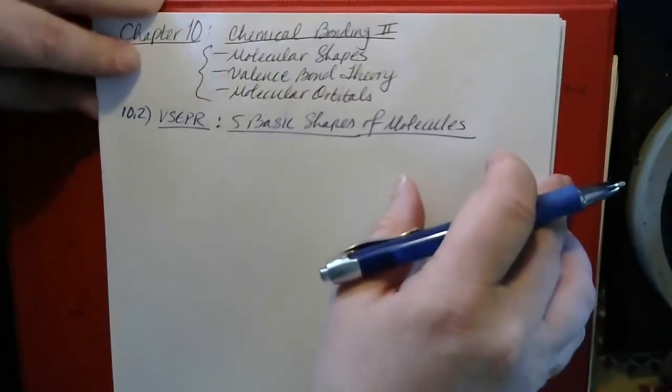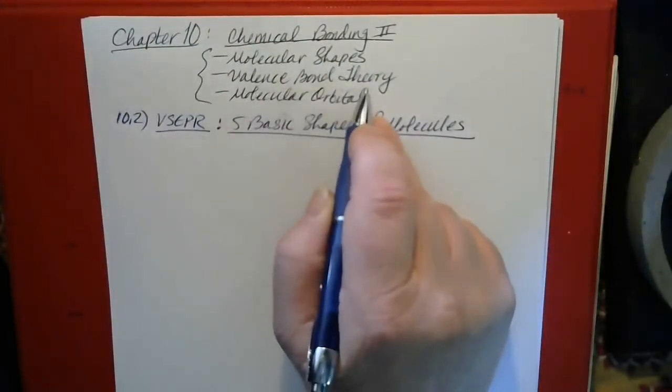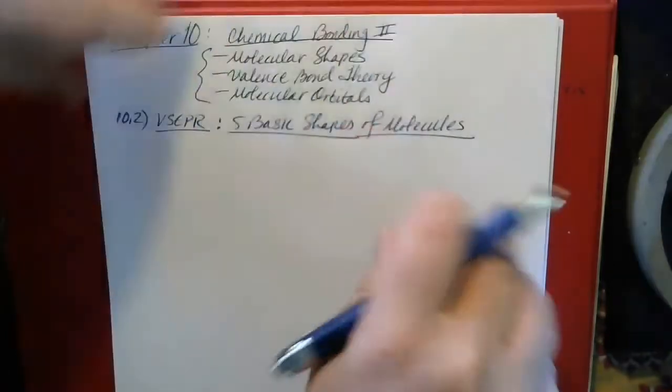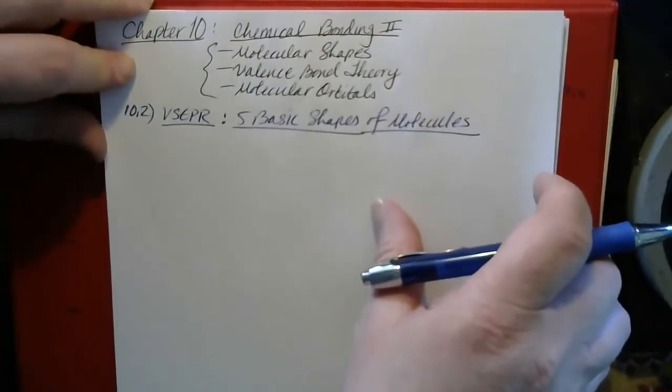You may have noticed that we never actually got to that in the last chapter. And also valence bond theory, which adds some new aspects to our view of bonding, and maybe molecular orbitals. We're probably not going to say much about that, but that is in this chapter.